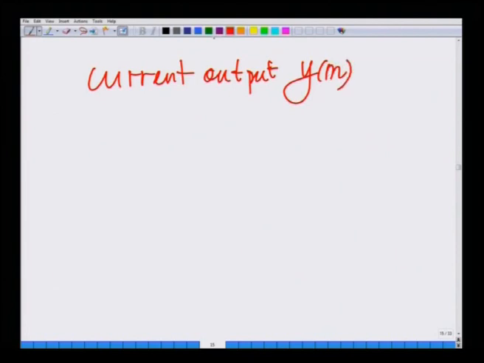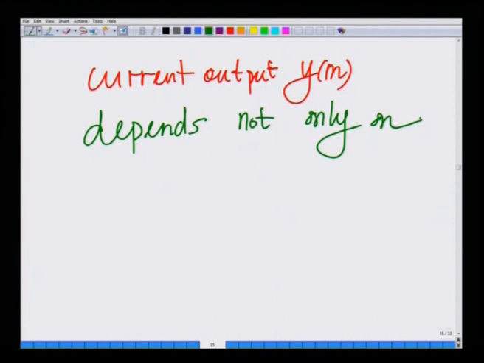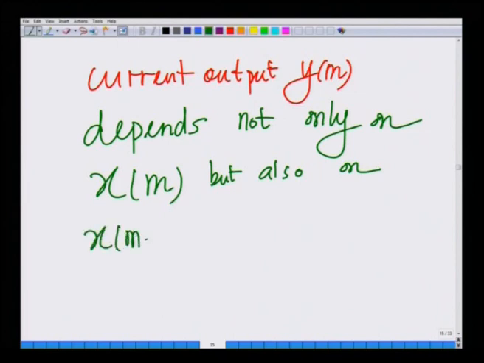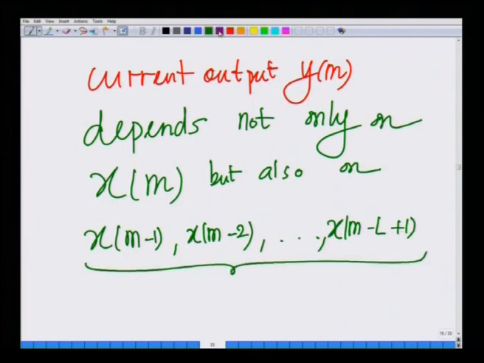So, it depends on not only the current input x m, but it depends on L minus 1 past symbols. Let me summarize this, the current output y m depends not only on x m, but also on x m minus 1, x m minus 2, so on, x m minus L plus 1, that is, it depends on L minus 1 past symbols.